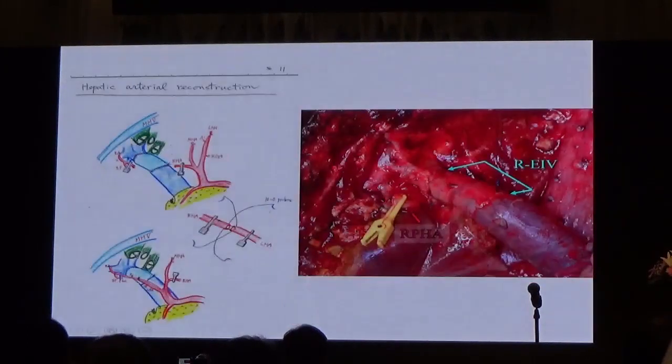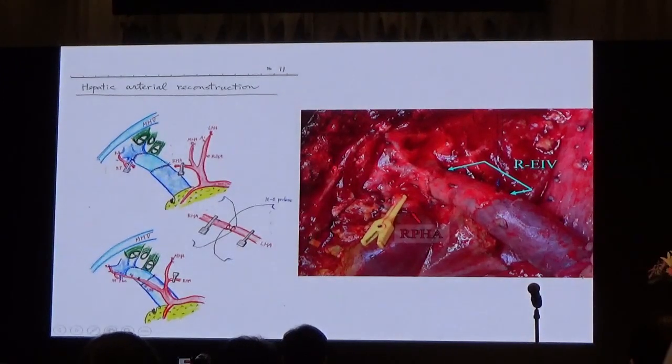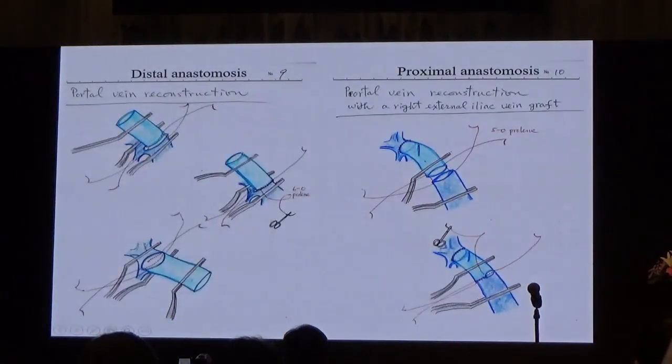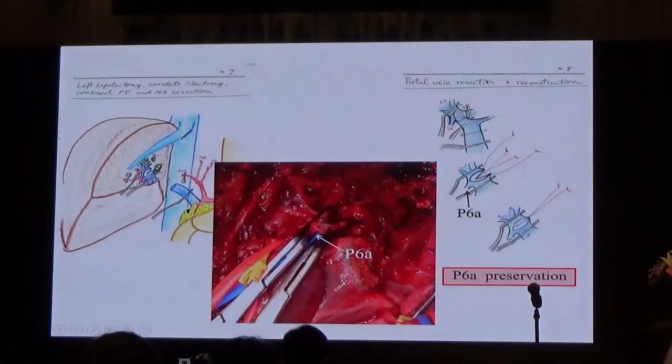After dissecting the portal vein obliquely, I used a portal venoplasty technique to make this anastomotic site a round orifice.